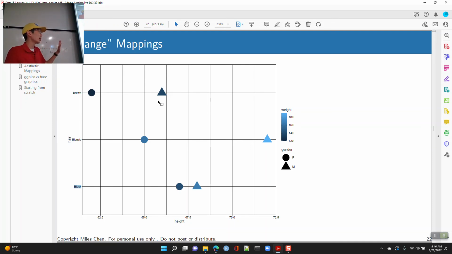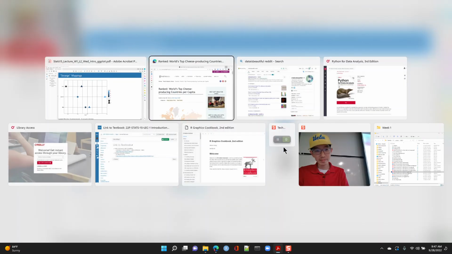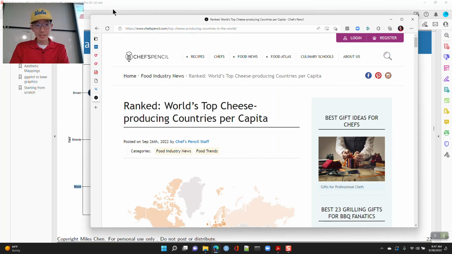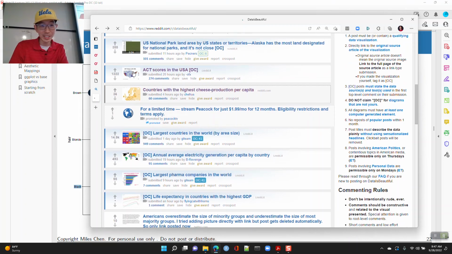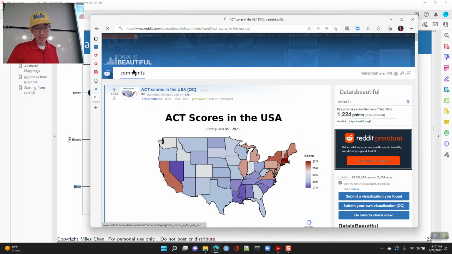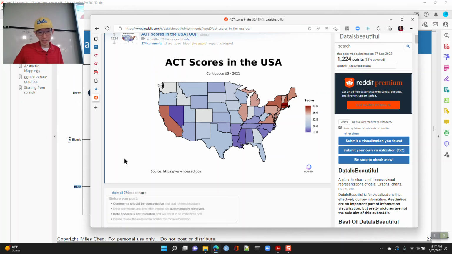So when you have to go from the brightness or darkness of the color to a value, our eyes and our brains aren't as good at this kind of thing, and this is why, where did our favorite map of the day go? I asked, which has better ACT scores, Montana or Nebraska, which by the way is right here and here, and it's like, oh, I can't tell.